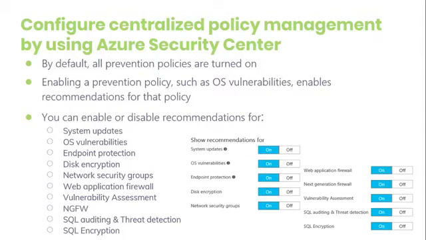Network security group: recommends that network security groups be configured to control inbound and outbound traffic to VMs that have public endpoints, in addition to checking that a network security group has been configured. This policy assesses inbound security groups.